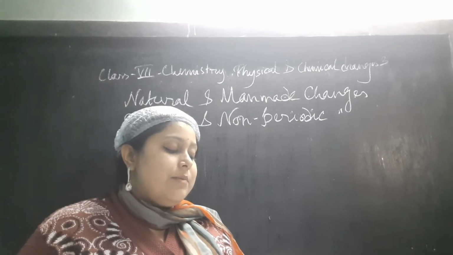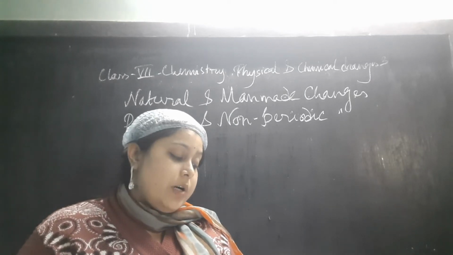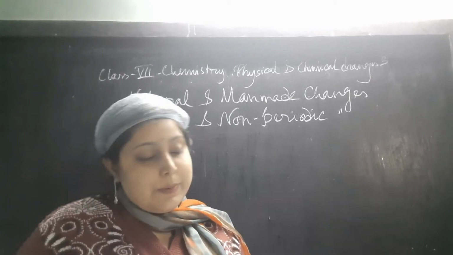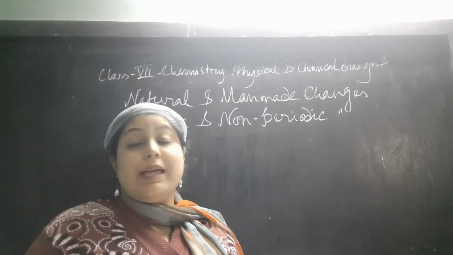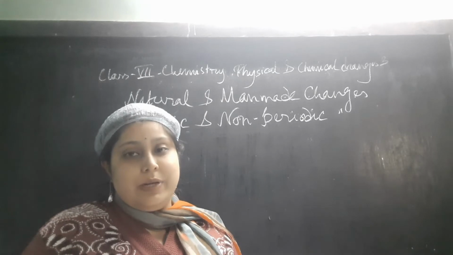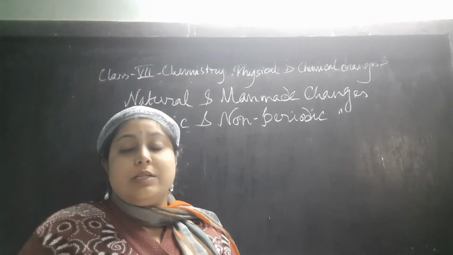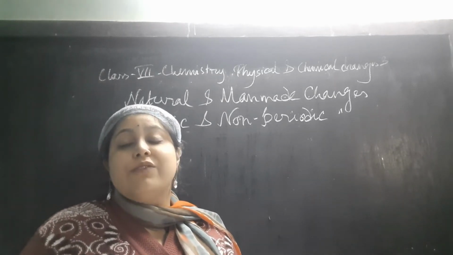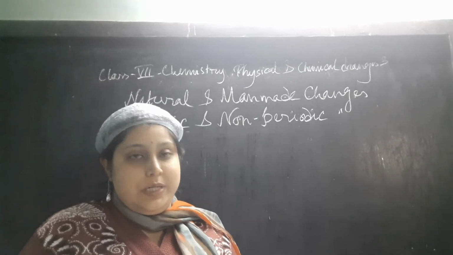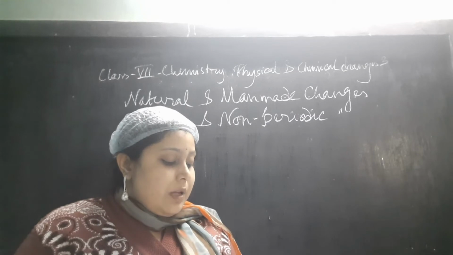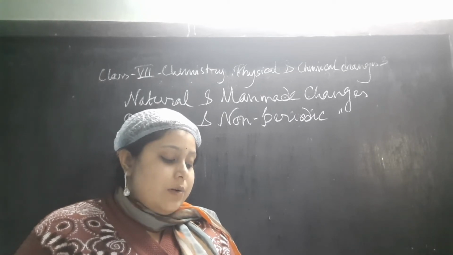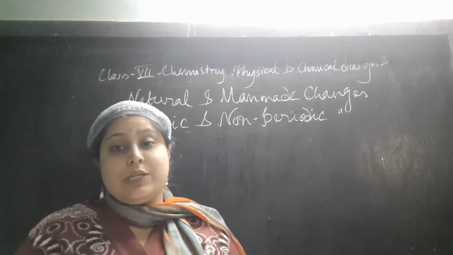These are non-periodic changes that occur within us. An epidemic, a sudden shower of rain, like the COVID virus, is not a periodic change. No one knows when the graph will increase and when it will decrease. Thunder and lightning are also examples of non-periodic changes.